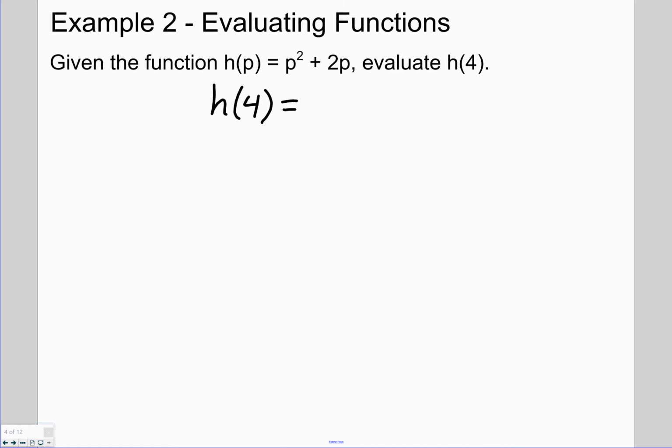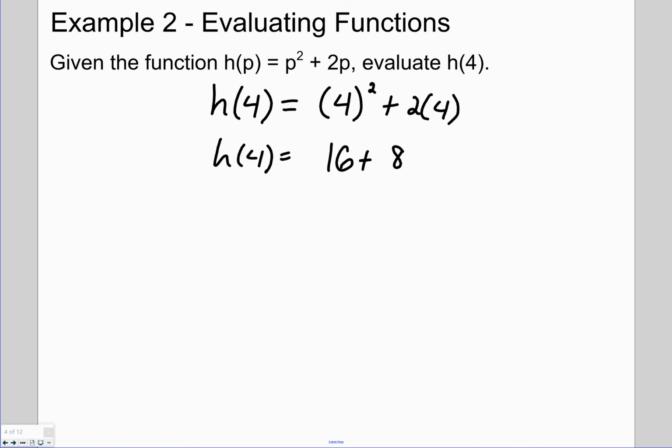So 4 is my input. Everywhere I see p, I'm going to put parentheses and the 4. I'm pretty sure everyone has a calculator on their desk. I'm not sure if you need one for this. I think we can do it mentally. So I heard somebody say 16. What's 2 times 4? 8. Add those together and you get 24. So h of 4 is 24.